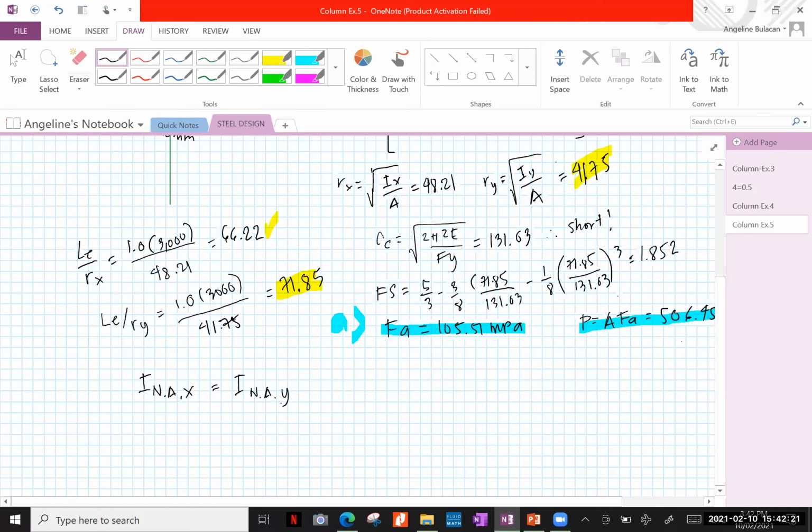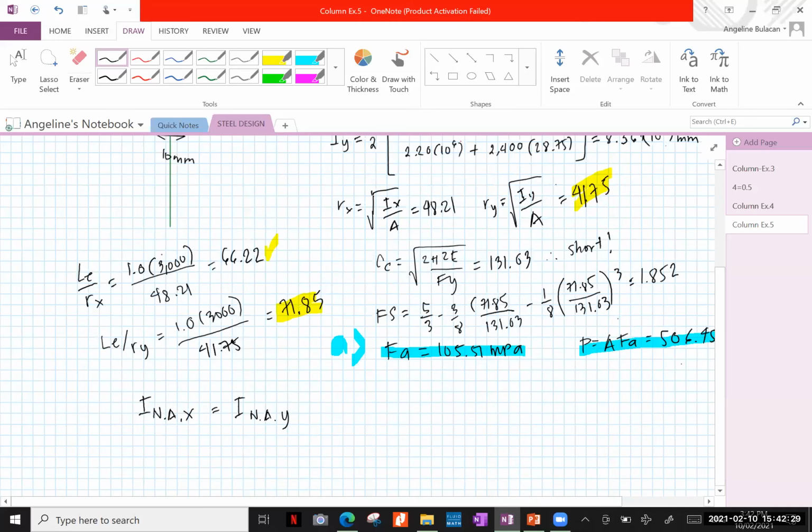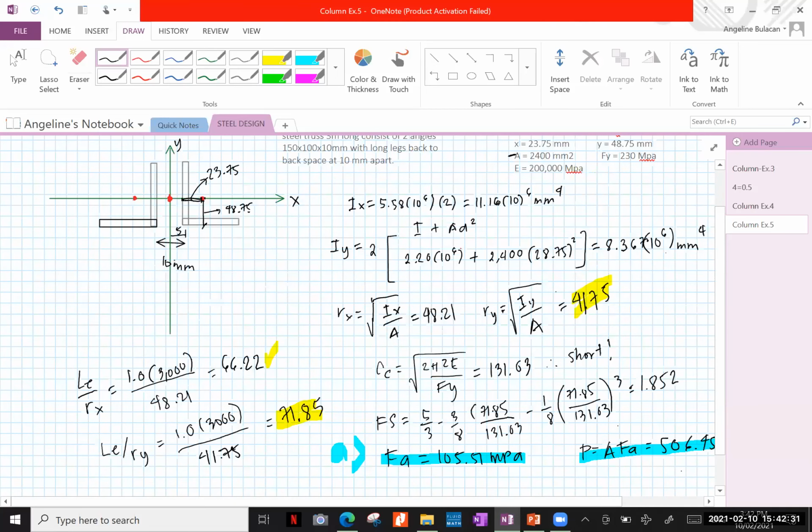Ang hinahanap natin is spacing. Yung spacing is given dito sa problem. What we want is to have an equal value of Ix and Iy. Tapos, hahanapin natin yung distance. Magiging variable to. Gawin natin distance D. Yung distance D yung hinahanap.